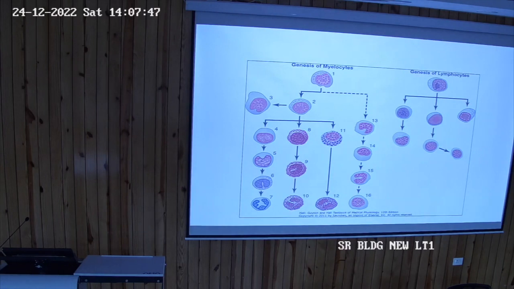So the first important identification feature for WBCs is their size. We compare it with RBC to make it easy for us to differentiate it from RBC.